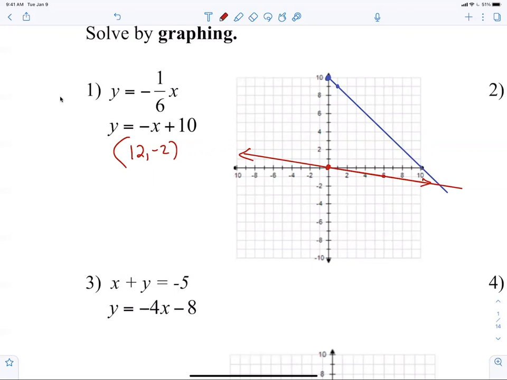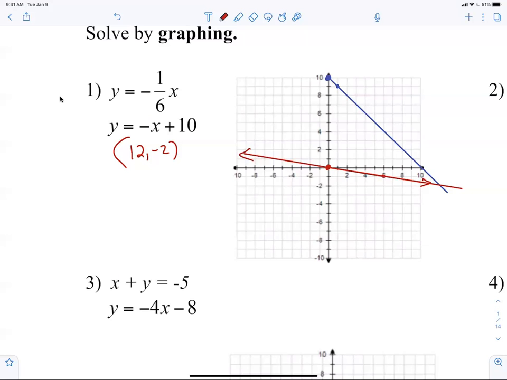Then you just have to write: solve a system of equations by graphing.